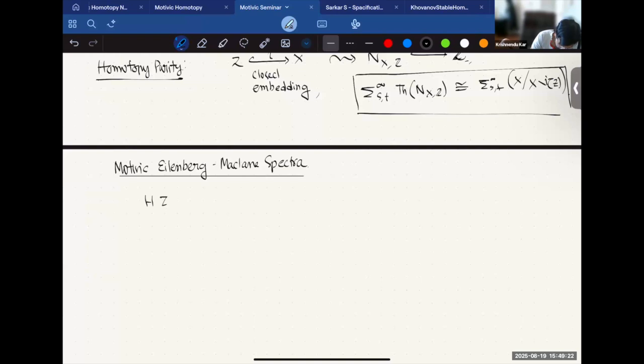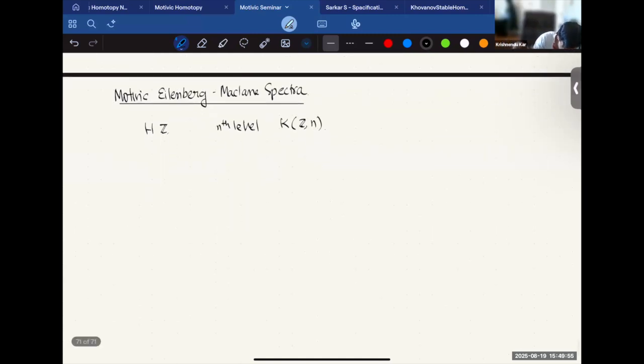I can always associate a spectrum HZ, or HG depending on which group you're taking, such that at the nth level the space is K(Z,n), and it gives you an omega spectrum, and it represents your actual singular cohomology theory.